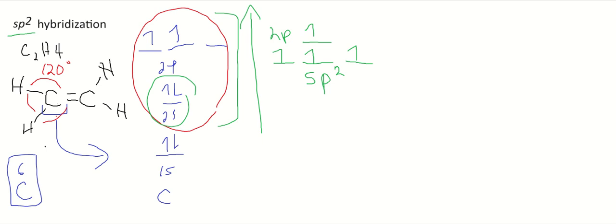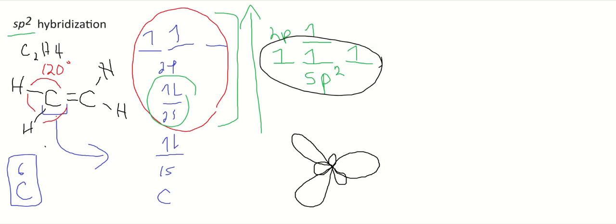I'm going to draw 3 of these, representing the central carbon on the left. There's 1 sp2 orbital, here's another one, and here's my third one. So I just drew 3 sp2 orbitals, 120 degrees apart.